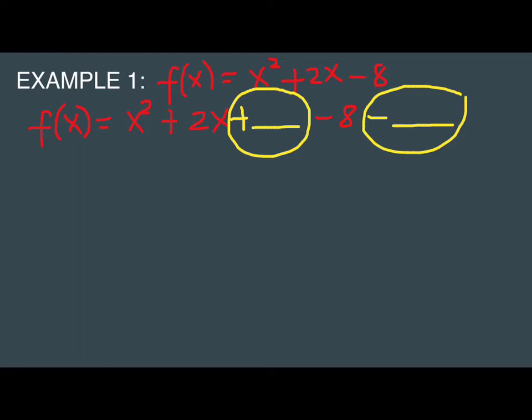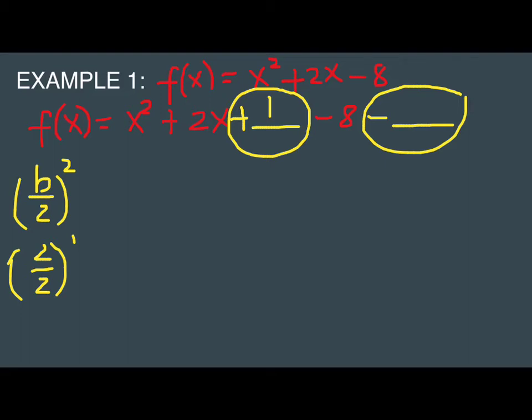So we have to add a specific value into this part here, and we're going to use the formula b over 2, squared. In this case, our b is 2, so 2 over 2, and squaring this is still 1. So I added 1. If I added something into this function, the function is already changed.